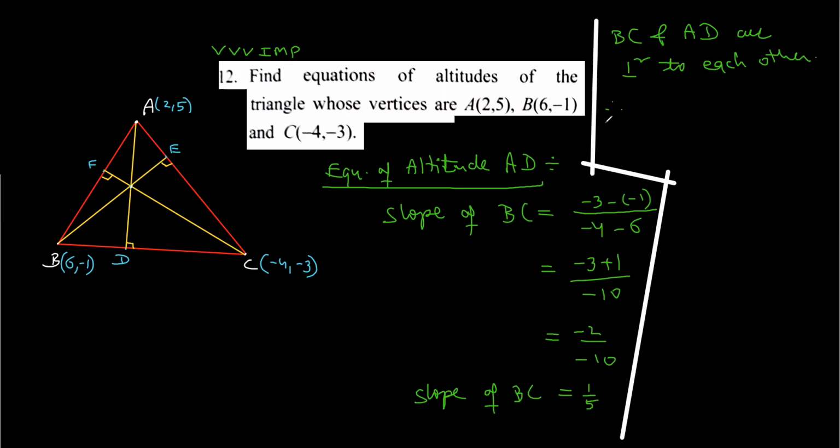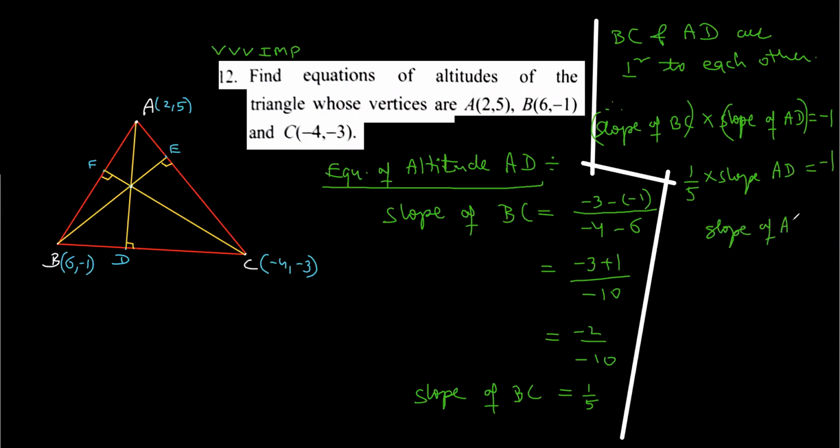Therefore, slope of BC multiplied by slope of AD equals -1. This we have already done. When two lines are perpendicular to each other, the product of their slopes is -1. What is the slope of BC? We just found it. 1 upon 5 into slope of AD equals -1. So slope of AD will be equal to -5. I got the slope of AD.